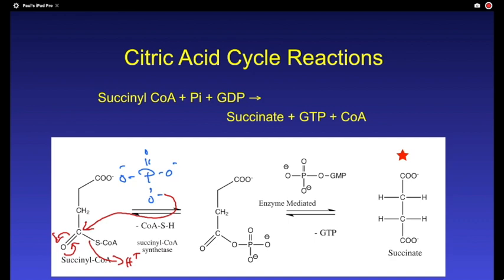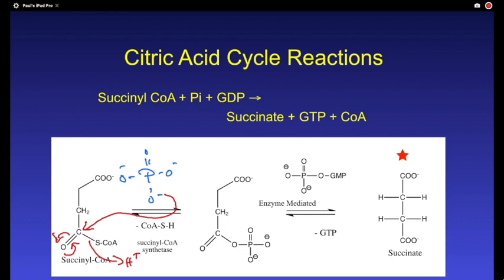I have just added a phosphate to an organic structure without breaking what? ATP. Most of the time it costs us energy to add a phosphate to an organic molecule. We've actually gained some energy in this reaction.